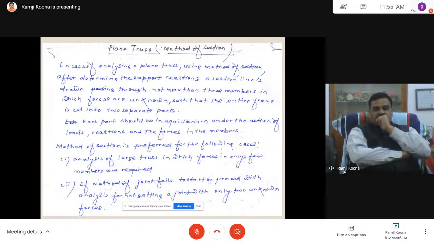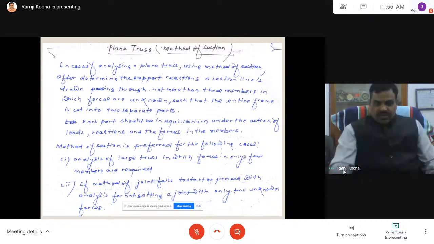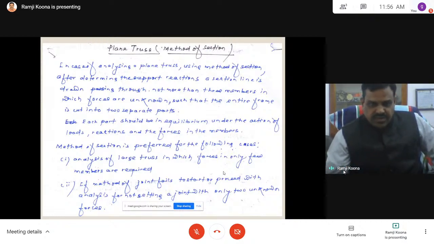if you want to determine only the force along certain members, then what we have to do is analyze the truss for only the few members whose forces are required. In the method of joints, you have to start one by one and do the analysis.